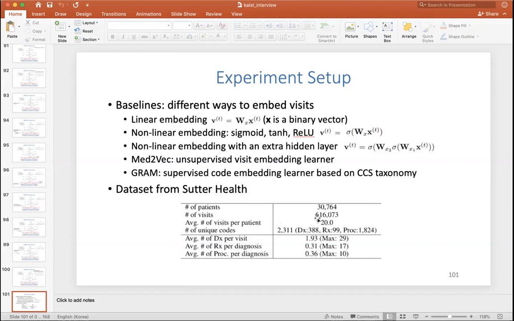If you divide that by the number of patients, you can see that over 18 months, about a year and a half, each patient made on average 20 outpatient visits to the hospital. Seems reasonable, right?